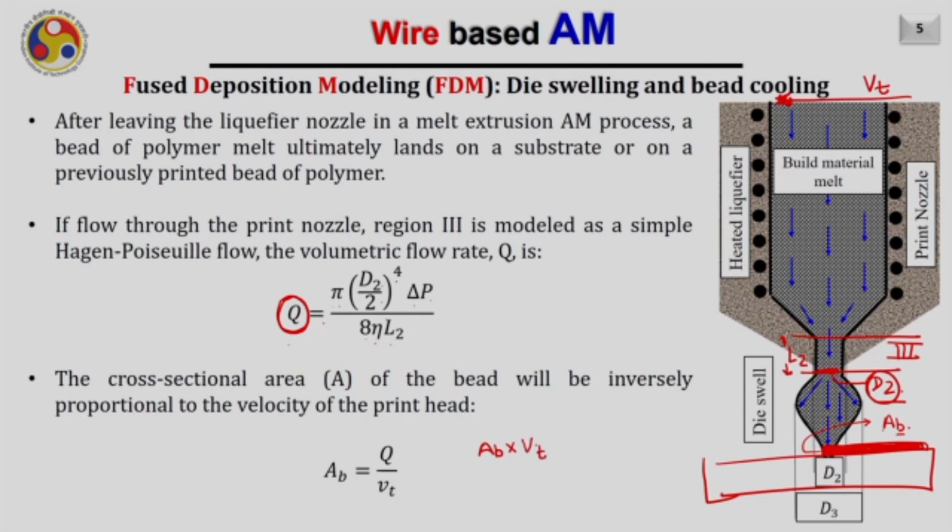So AB into Vt equals the flow rate Q. Now we can easily find AB equals Q divided by Vt, and that is what is written here.